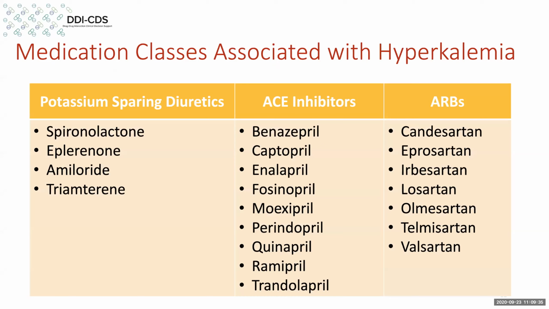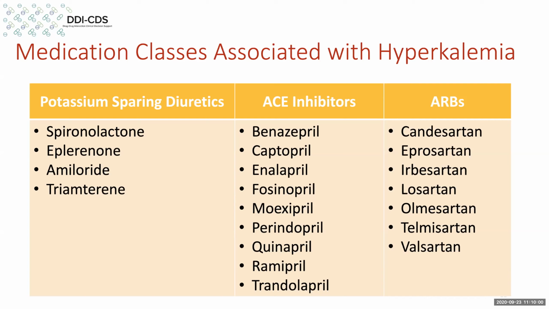Okay, so the three classes of drugs that we're going to talk about are listed here for you. And if you look at the effects of any single drug in any of these classes, you find that all of these have the potential to elevate the potassium. For the potassium-sparing diuretics, that's typically in the neighborhood of a 0.2 to 0.3 millimole per liter increase.